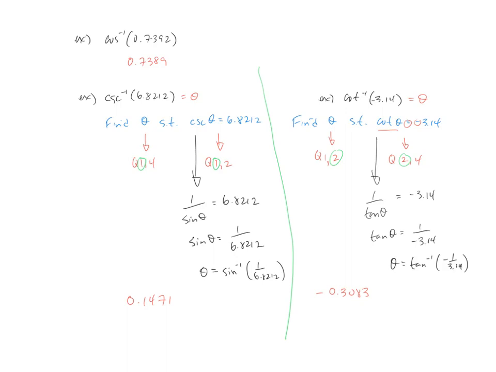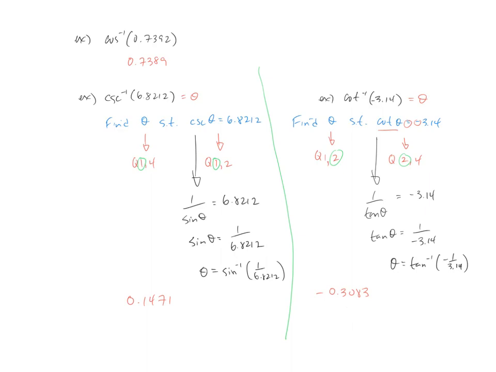Now, this is where our calculators can lie to us a little bit. That number's not wrong for where we are in the process, but it's not the correct answer to the problem. Remember, up here, we said we needed to be in quadrant 2. Well, when I punch inverse tan in my calculator, it only understands to give outputs in quadrants 1 or 4. Inverse tangent only exists in 1 and 4. So it gave me an answer in quadrant 4.